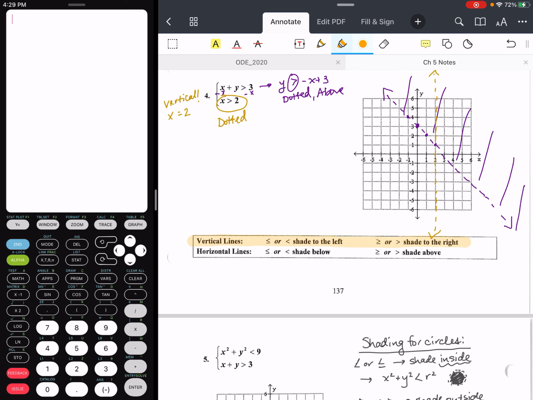And let's think about what these inequalities mean, right? So I want to graph where x is greater than 2. X is greater than 2 if x is 3, or if x is 6, or if x is 10, right? So I want to graph out to the right toward greater x values. I don't want to graph toward x equals -3 because that's less than 2.